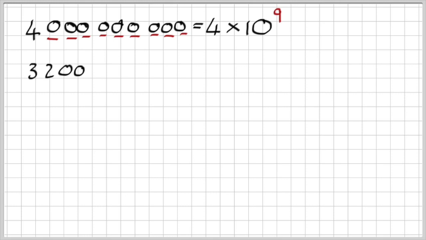But what if I've got 3,200 now? You try and write it in scientific notation. Some of you might just look at the zeros and go, this is 32 times 10 to the power of 2. There's nothing wrong with it, but it's not scientific notation.